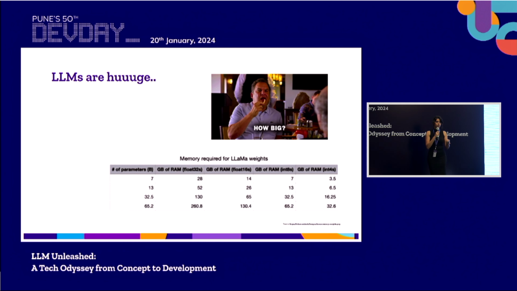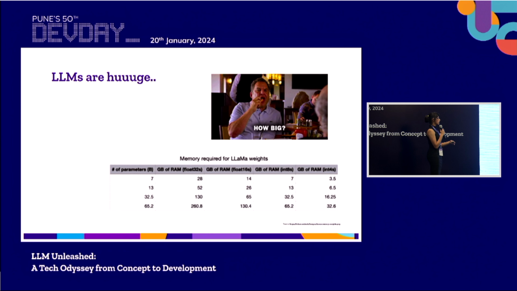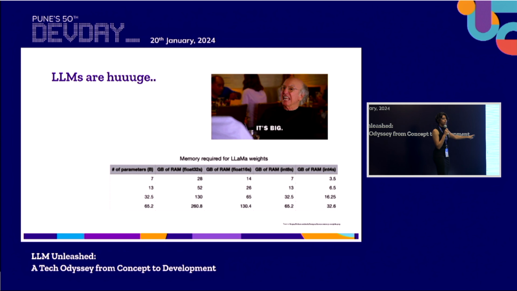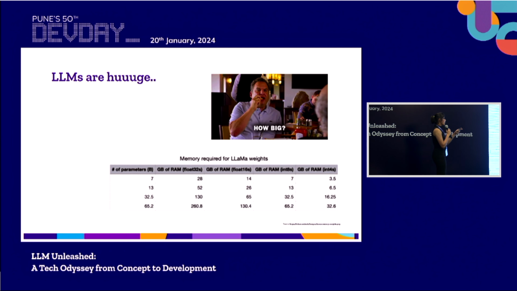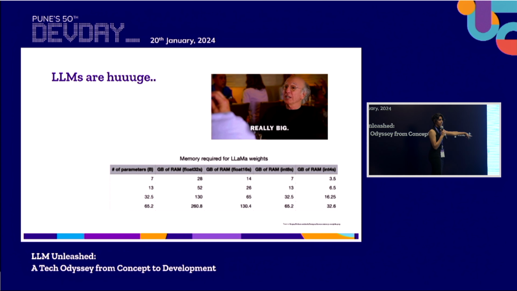Those are the types of Llama 2, or rather, it's the same model, but with different numbers of parameters. And those parameters, trust me, are in billions. The second column suggests that if you want to load this model in your memory, it is going to take this many GB of data.